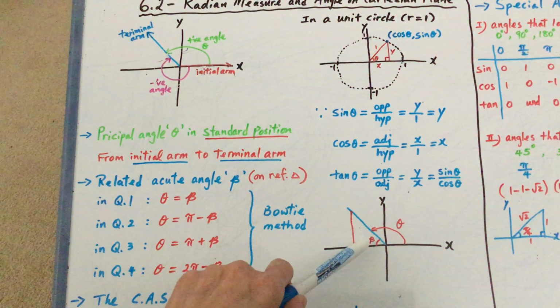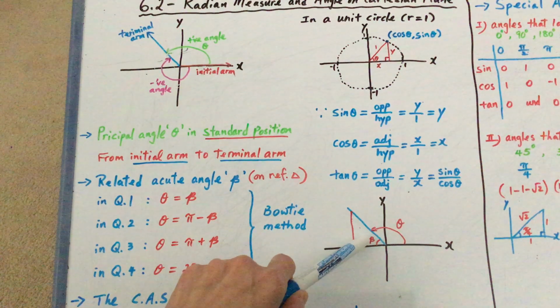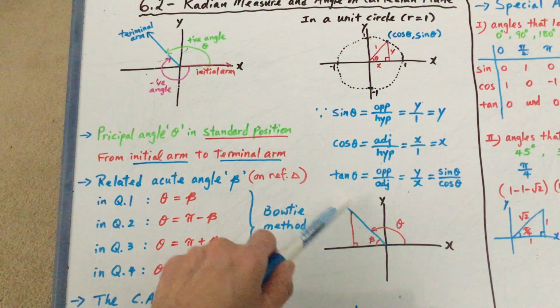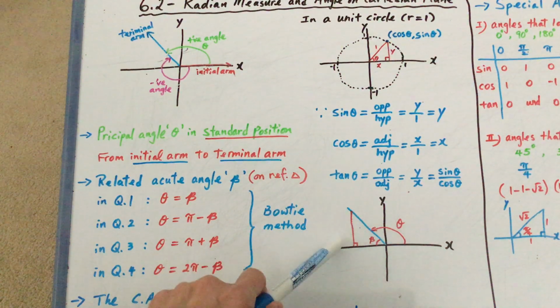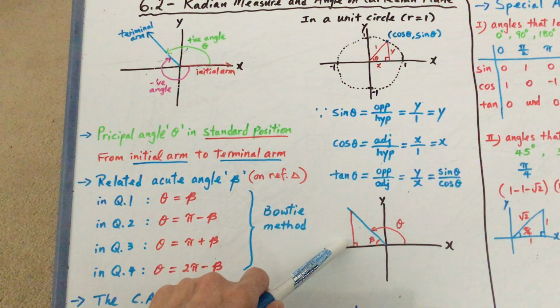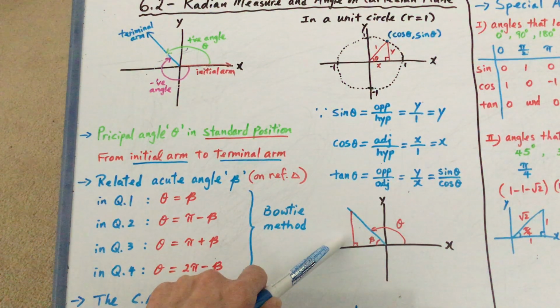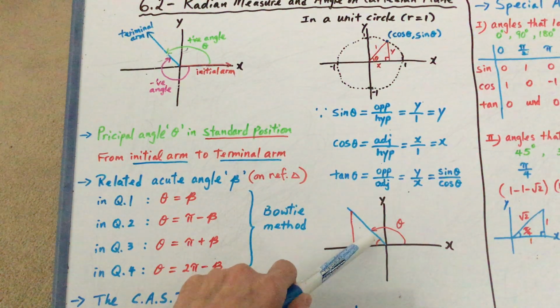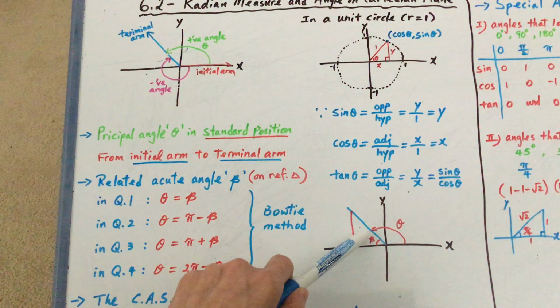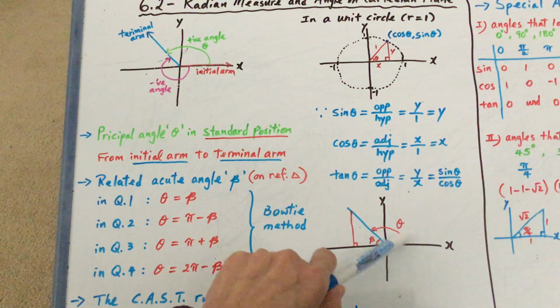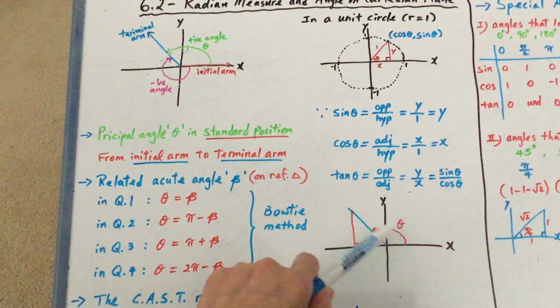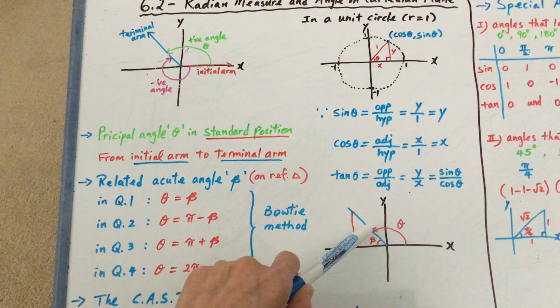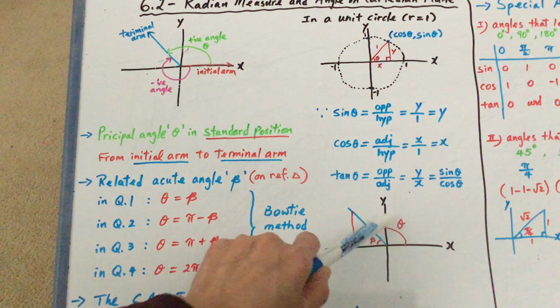But the related acute angle is the angle sitting inside this reference triangle that I drew in quadrant 2. The principal angle is still the one that goes from the initial arm to the terminal arm, right there.